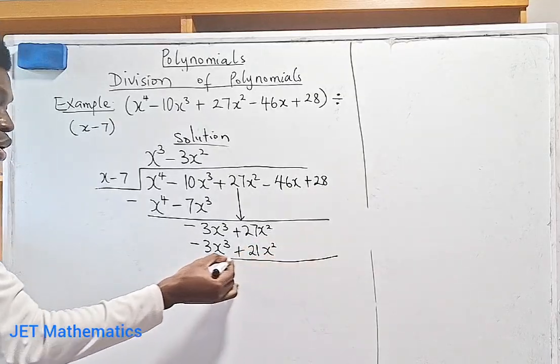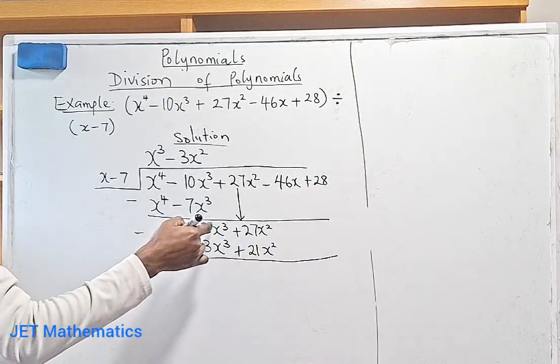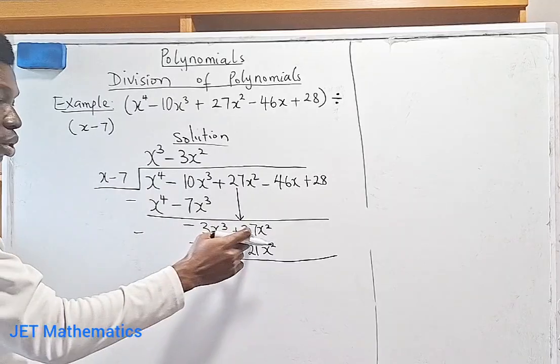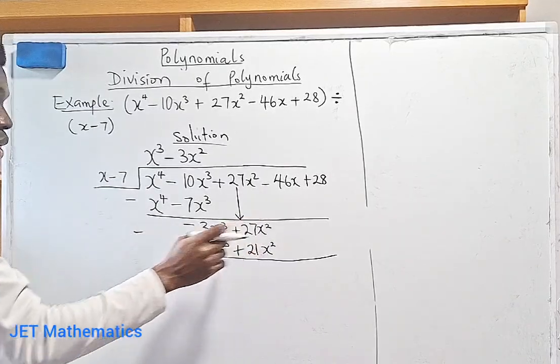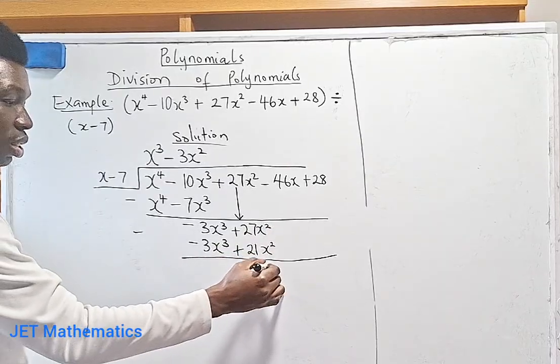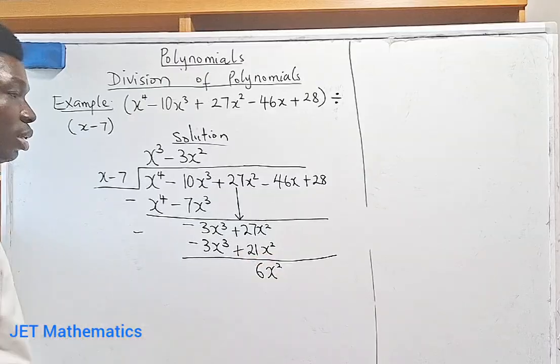Again, we subtract. This minus this goes off, so it turns to 0. And then 27x squared minus 21x squared gives us 6x squared.